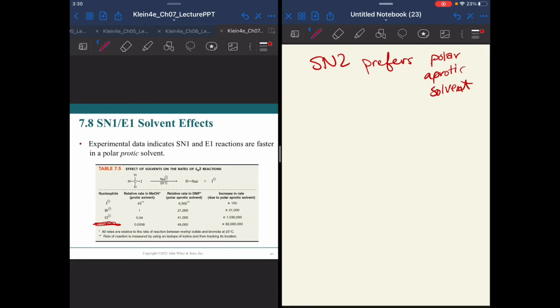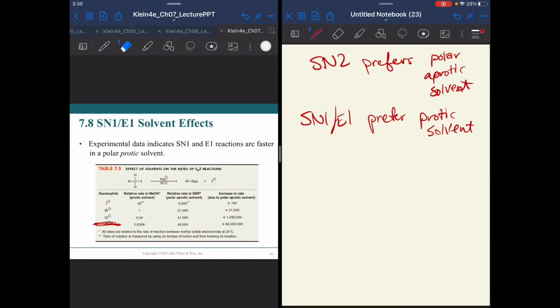attack. So we want to take a couple of notes here, because the SN1 and E1 reactions go faster or prefer a protic solvent, which is good because the reagent is also a protic solvent in many of these cases.